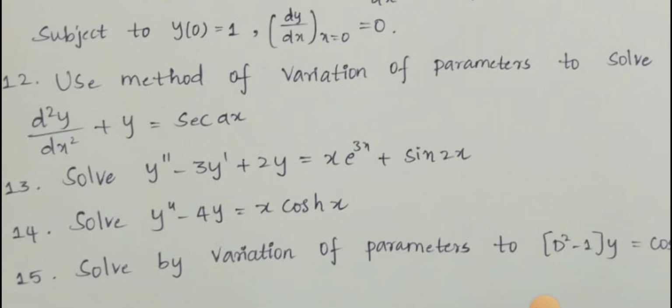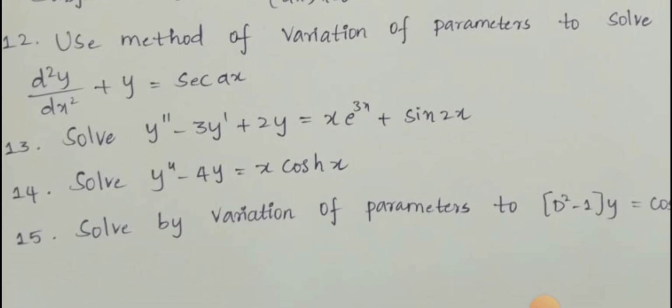For the first part, e power ax into v type, take e power ax to the left, and for the v, the remaining part x is there, you can use x to the power of k procedure. And sin 2x, the second one is there, it is sin ax procedure. There d square is replaced by minus a square, and if denominator is 0, directly you will get an answer. If it is not equal to 0, you are applying the rationalization process.